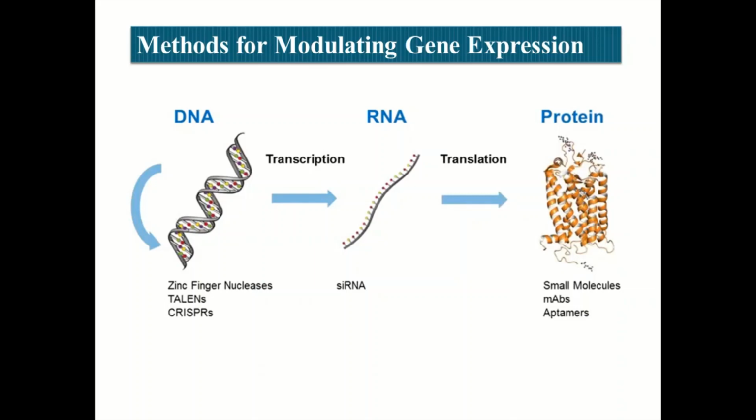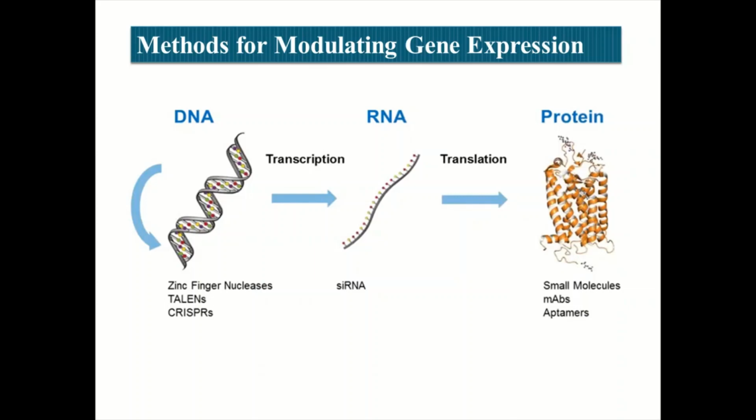There are various methods for modulation of gene expression at various levels. If your approach is stable and site-specific integration, this can be done easily by zinc fingers or zinc finger nucleases or TALENs.